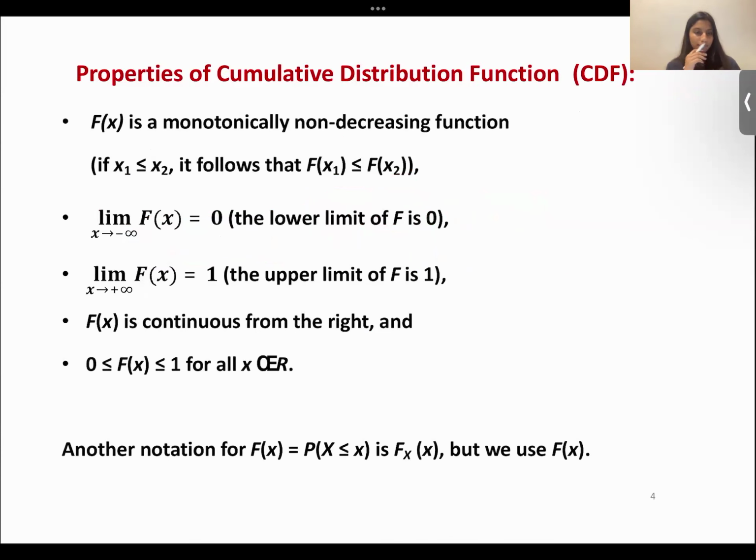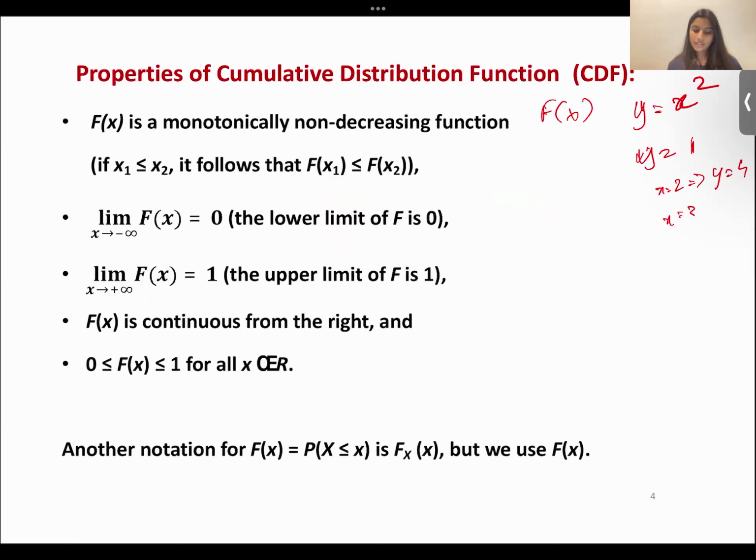These are some mathematical properties of the cumulative distribution function. F of x is a monotonically non-decreasing function. Let's say you define y equal to x squared. If you increase the value of x, the value of y also increases. If x is 1, y is 1. If x is 2, y is 4.